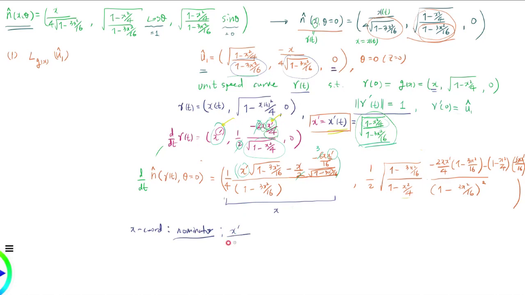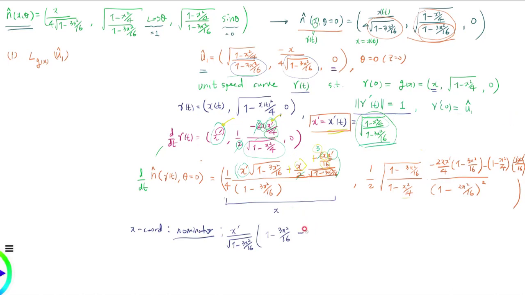Let me pull out the 1 over square root of 1 minus 3x squared over 16, and I have 1 minus 3x squared over 16. And then for the second term here, 2 minus gives us a plus, and there's a 3 over 16 and x squared and x prime.